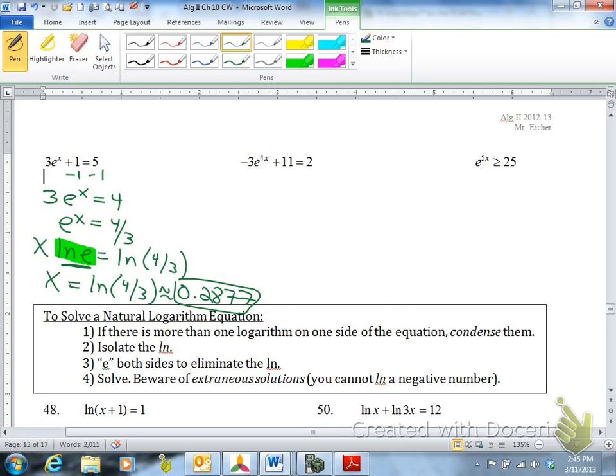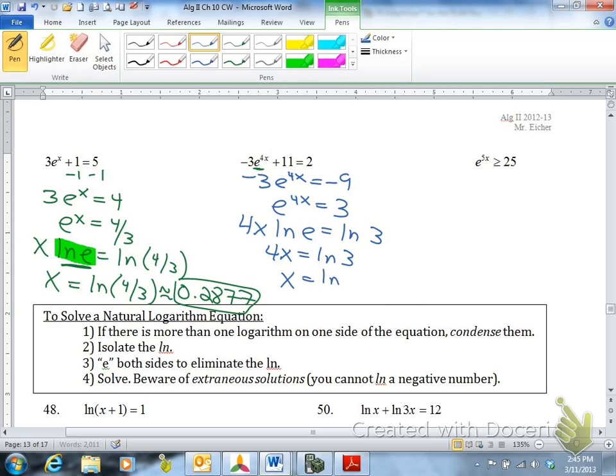On the next one, you want to isolate e. So you would subtract 11, which is -9. You divide by -3, which is +3. And at this point, you would ln both sides. So you bring the exponent out in front, 4x ln e equals ln 3. ln e cancels, you have 4x equals ln 3.